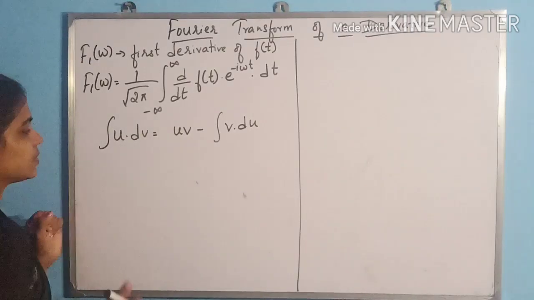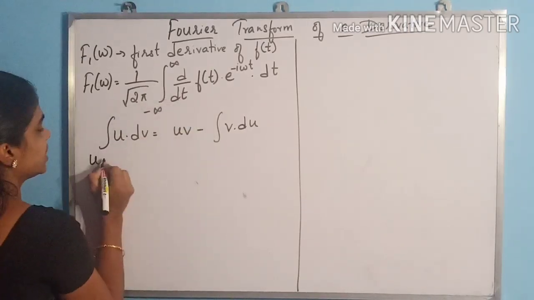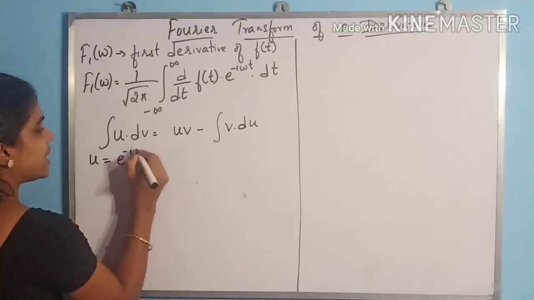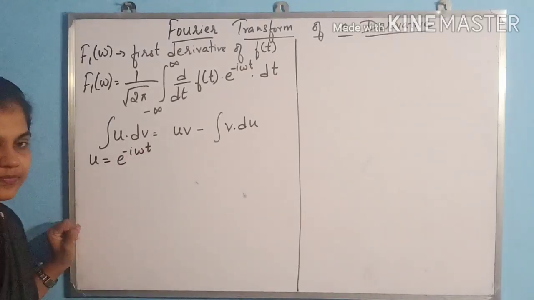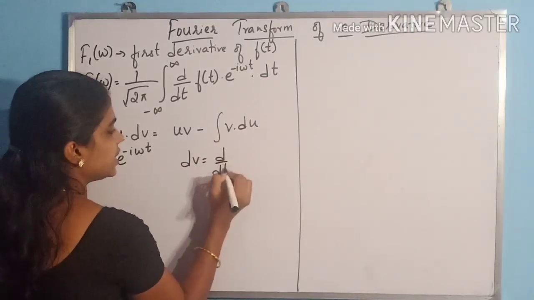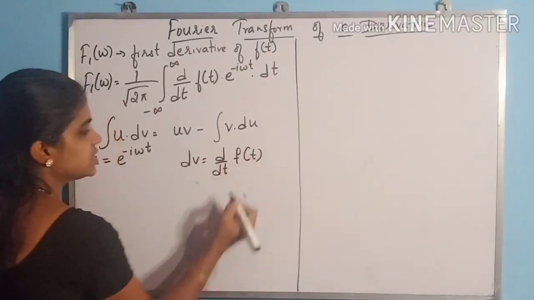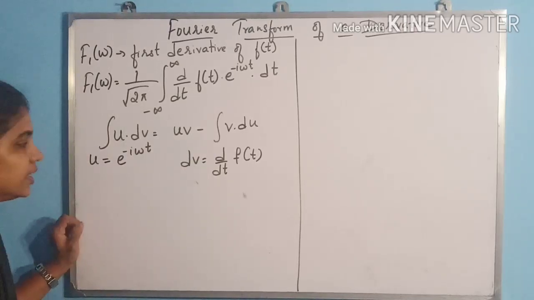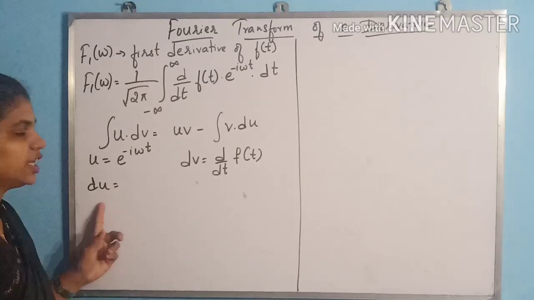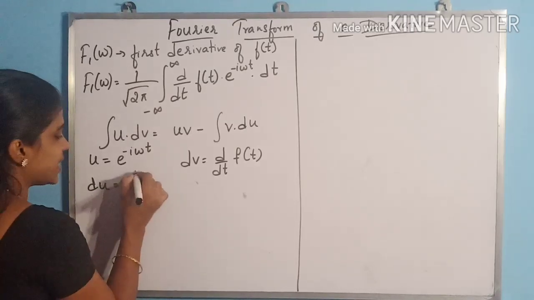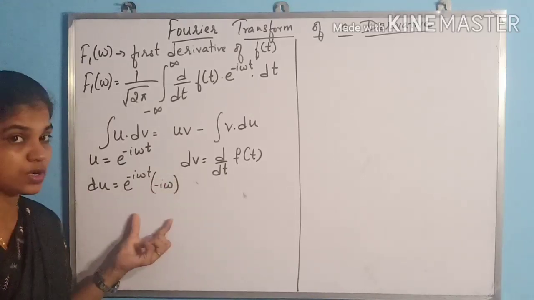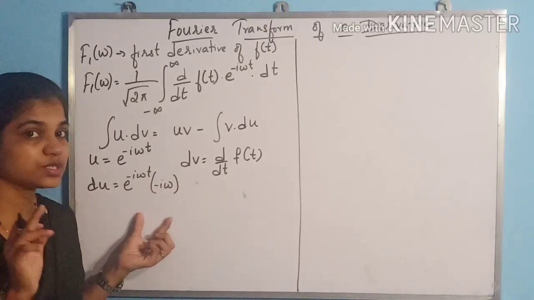Right? So now, what is u here? In this, u is e to the power minus i omega t, and dv is d by dt of f of t. Now, what will be v and du? du will be e raised to minus i omega t into minus i omega, because we are differentiating with respect to t.